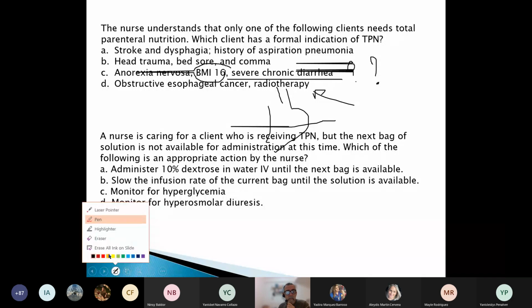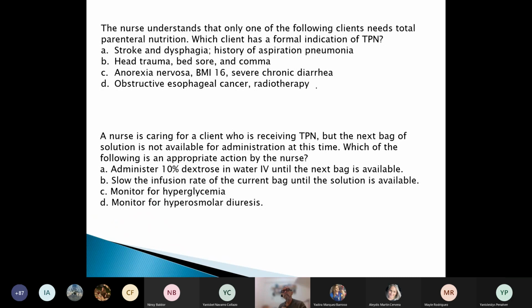This is a reproduction of an NCLEX question, where you understand what concept? You understand in your brain that TPN is expensive, risky, delicate, requires a lot of conditions, and is only justified when we need to give nutrition to a person that cannot use the intestine.